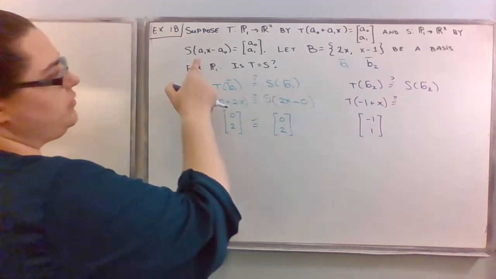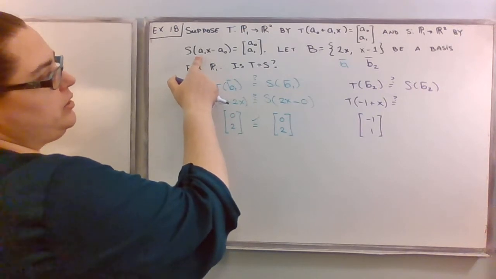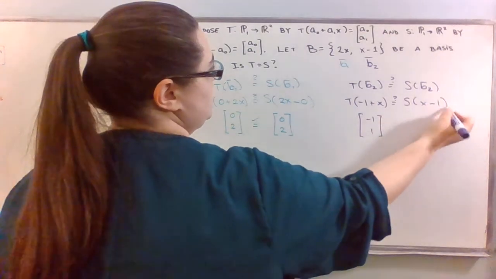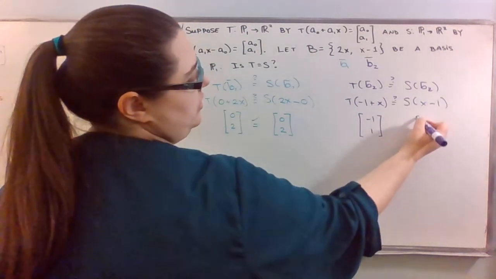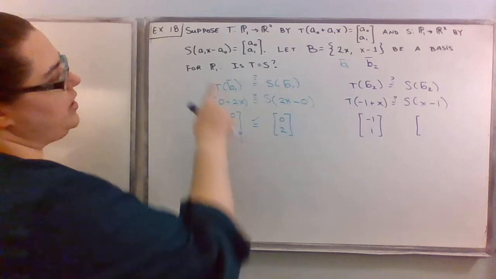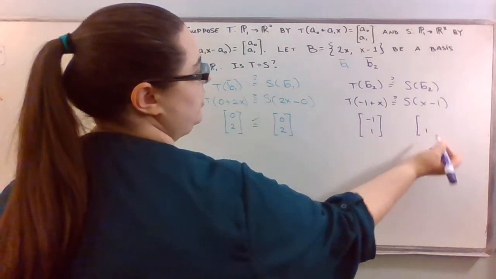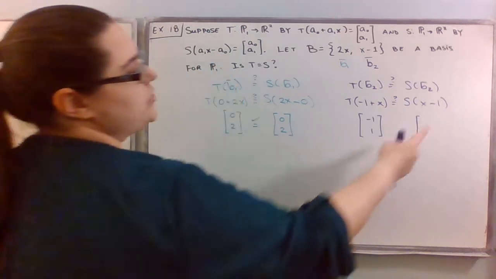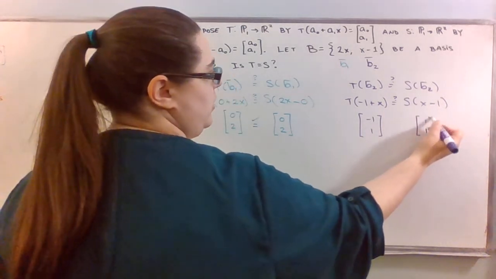For S, it's in the same form that we have it in, x minus 1. So this is going to take a1 as the second coordinate. Now notice here we have subtraction of a0, so a0 here is a negative 1.